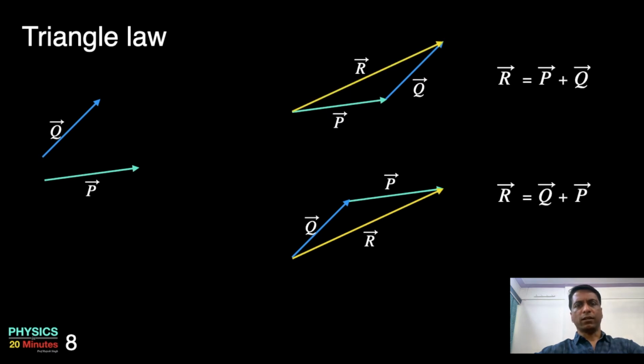So they are identical vectors. So in general it does not matter the order in which you add the two vectors. This property is called commutative, and vector addition is commutative.